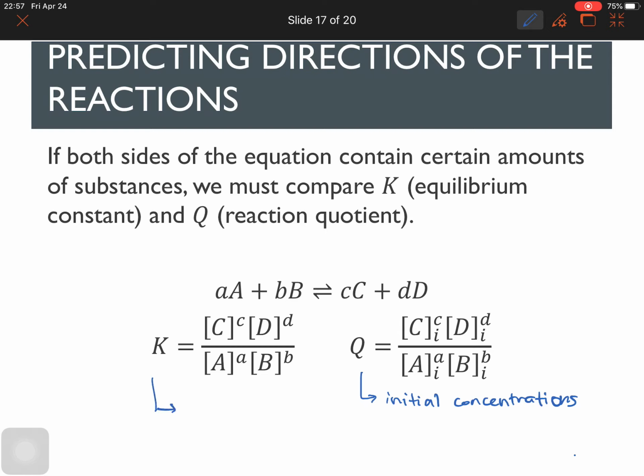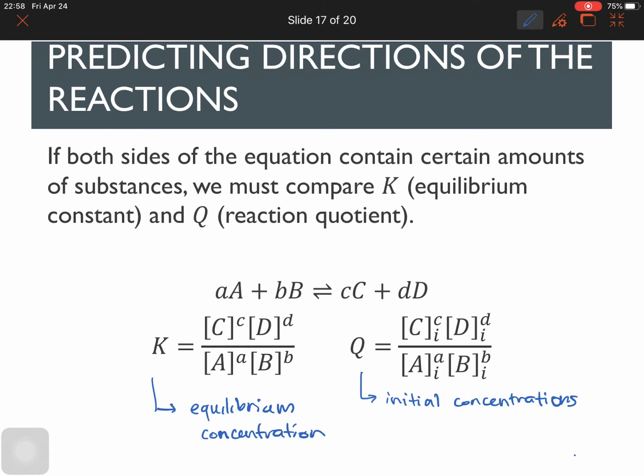However, in K, as you can recall from the previous problems we answered, all the concentrations are in equilibrium. So that is the only difference. For K, all the concentrations are already in equilibrium.